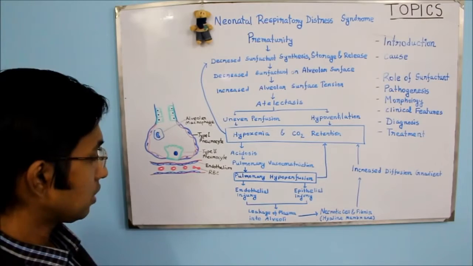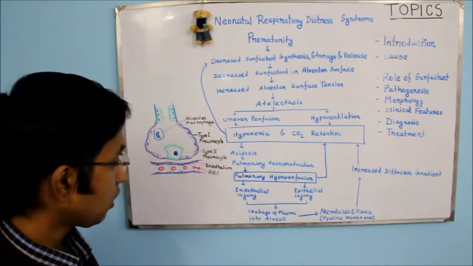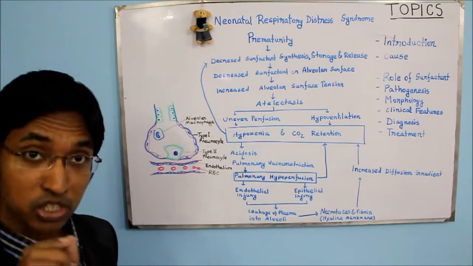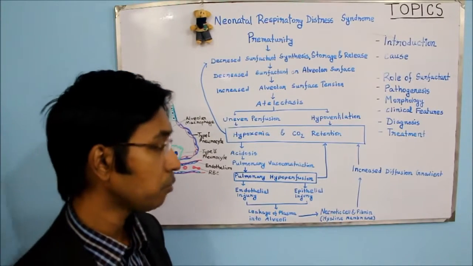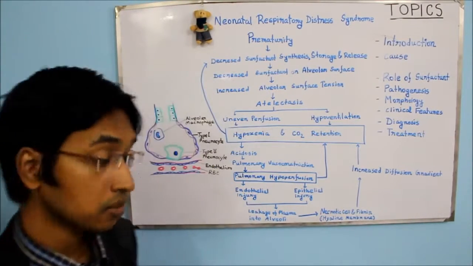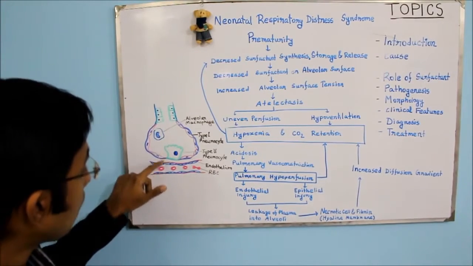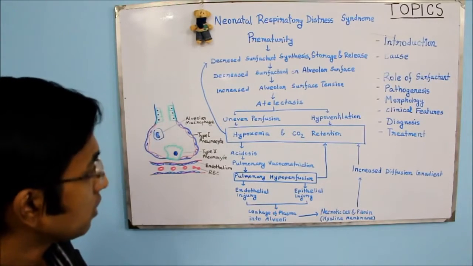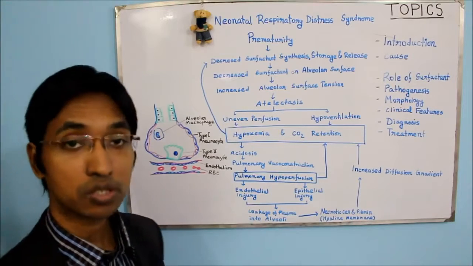So these necrotic cells along with fibrin will result in formation of a very special type of membrane that is known as hyaline membrane, and this will hamper gas exchange between the alveoli and the blood vessels, and ultimately all these things will result in respiratory distress syndrome.